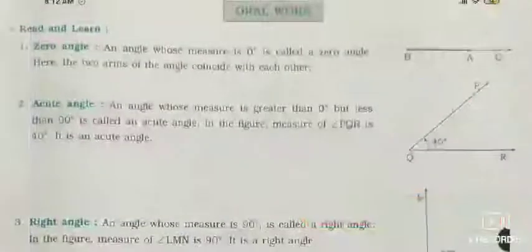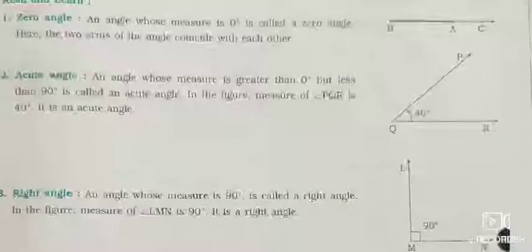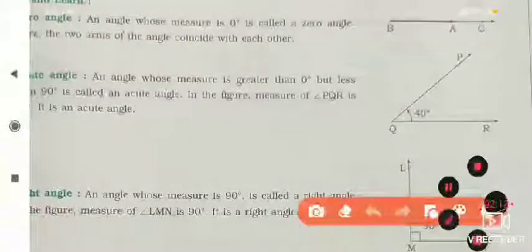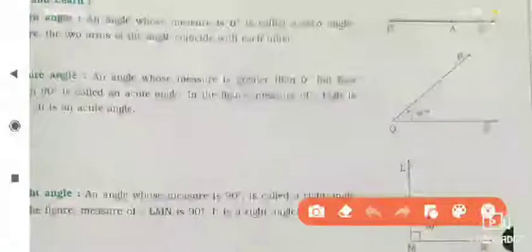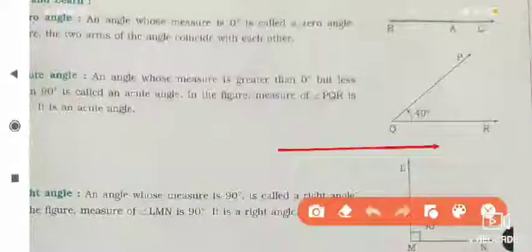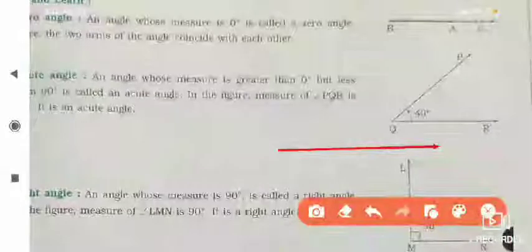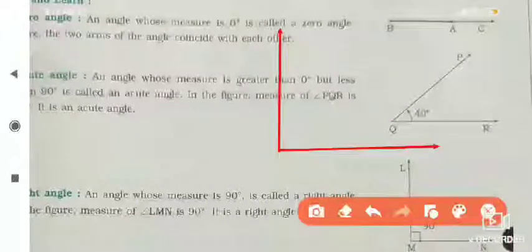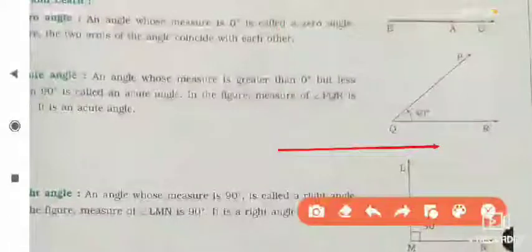Okay, now the next angle is the acute angle. What is an acute angle? If the measure of an angle is less than 90 and greater than 0, that angle is called an acute angle. If you see here, this is the first arm of the angle, and I will draw here the 90 degree arm. Less than this is the acute angle.